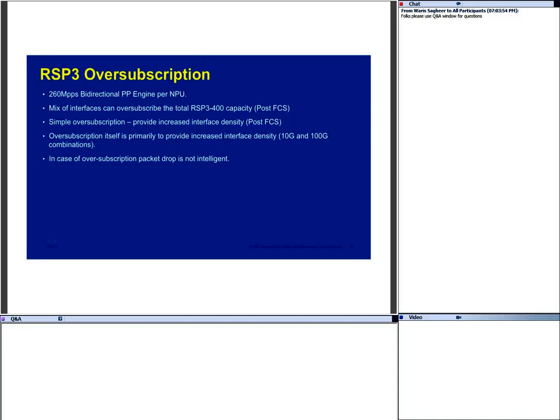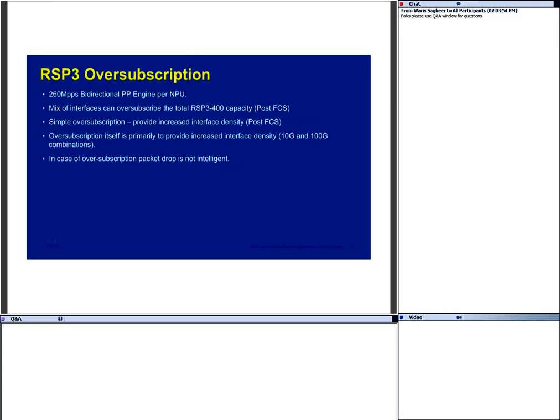So I touched upon oversubscription a little bit because I wanted to put across what oversubscription would mean going forward on the platform. With RSP3, I mentioned that we have 400 gig and 200 gig. The internal architecture of the 400 and 200 gig varies only with the addition of another ASIC.